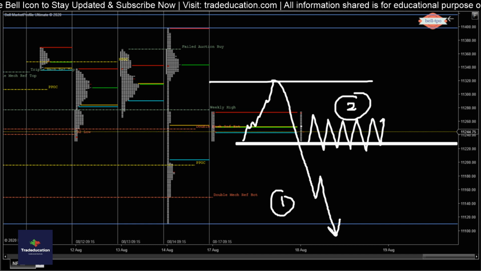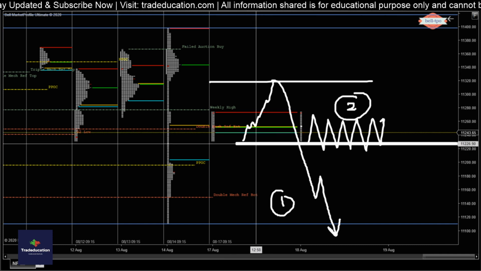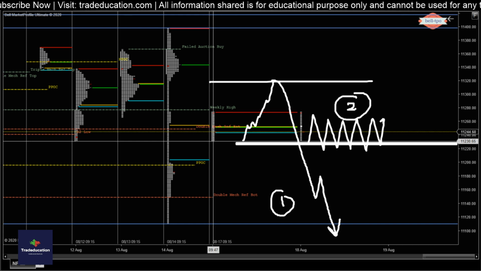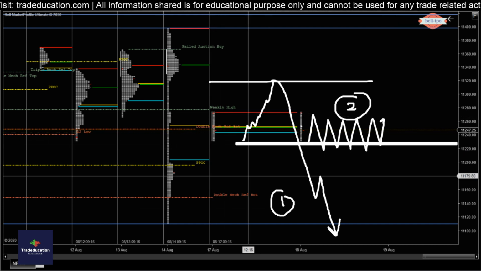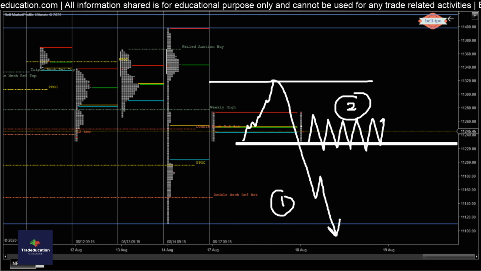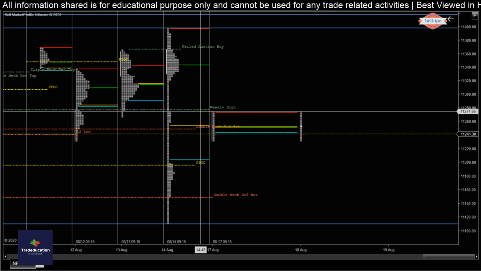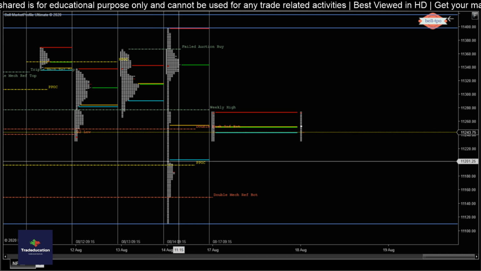Now let me delete this auction path. Earlier I said that this would act as the level of support, and the auction just halted there. Wait for some continuation to the downside. Currently the auction opened and is getting rejected around the single print zone. This high is weaker, and this was a selling zone.